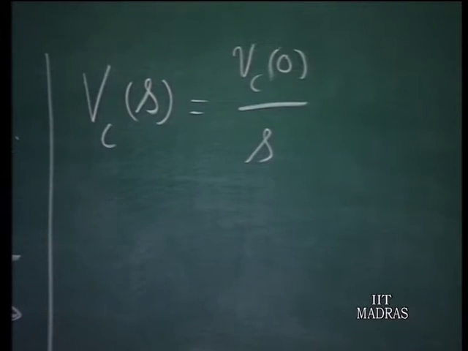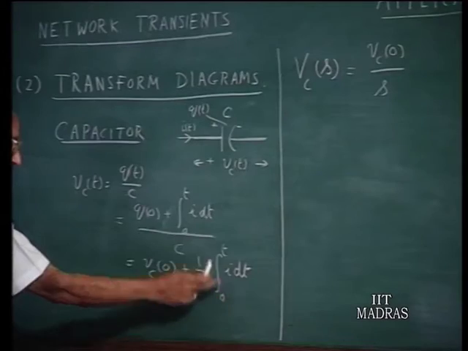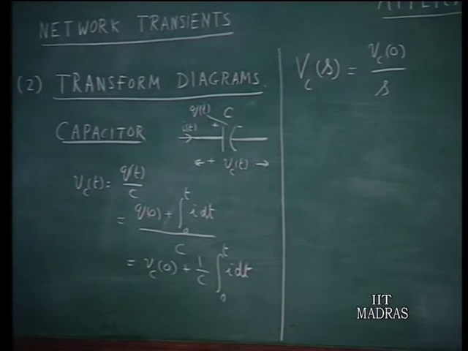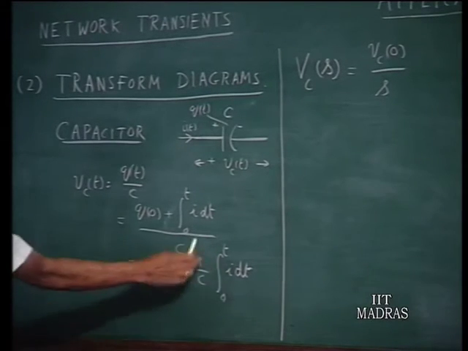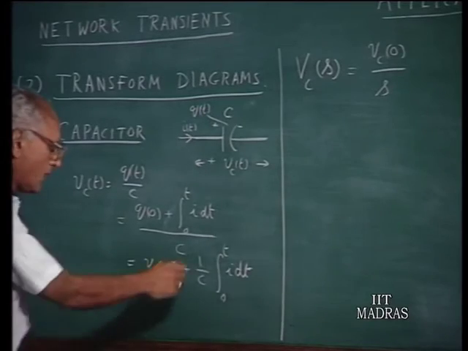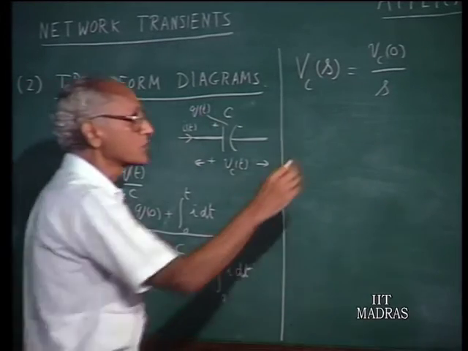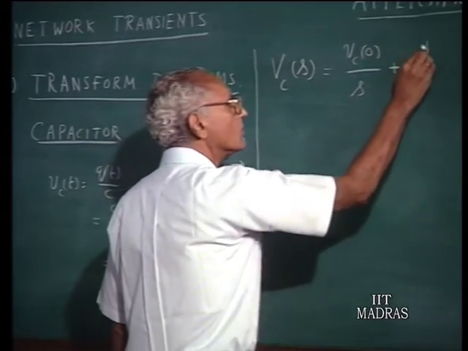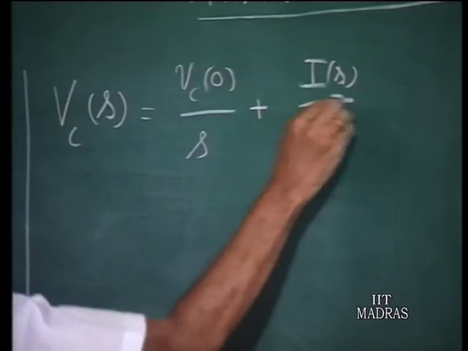Now, the second quantity 1 over C times the integral of I dt, this is a definite integral from 0 to t, which means if I of s is the Laplace transform of I, then the integral 0 to t of I dt has the Laplace transform I of s upon s, and of course we have 1 over C also here. Therefore, I of s over Cs.